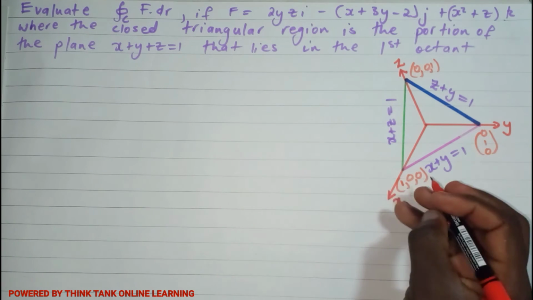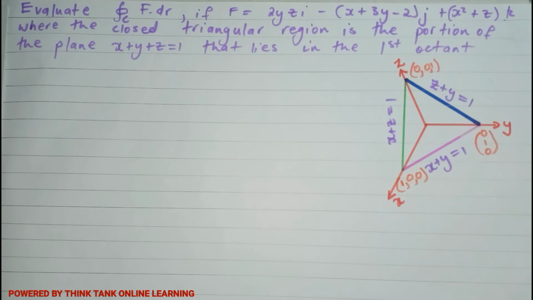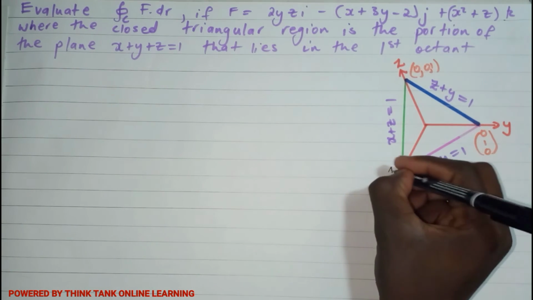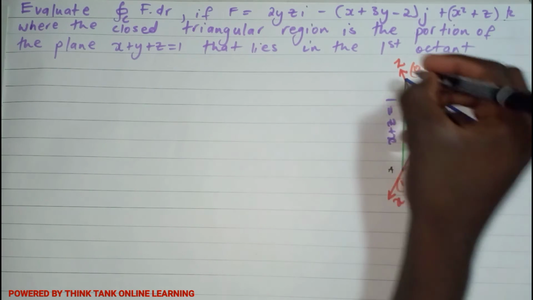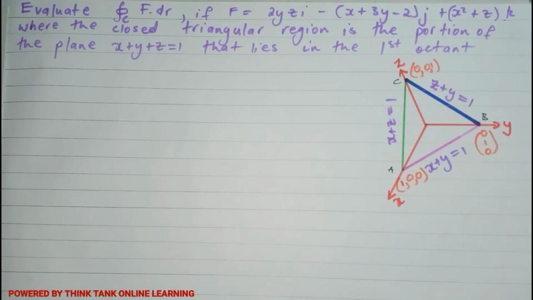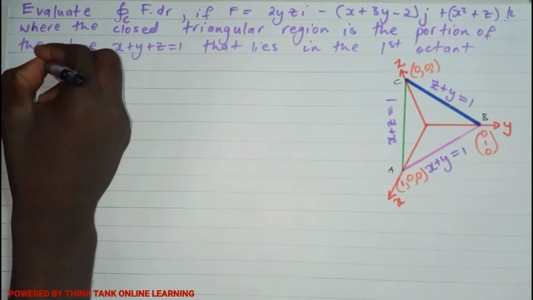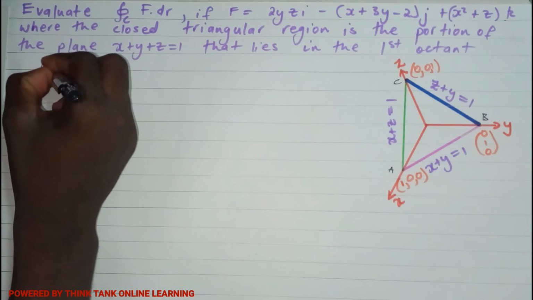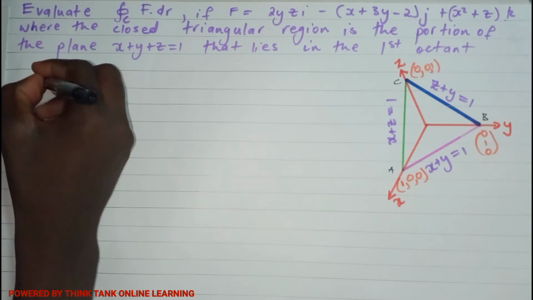So now I want to find the line integral over a closed path. Let me call this point A, this one B, and this one point C. So now the line integral of F dot dr is over a closed path.